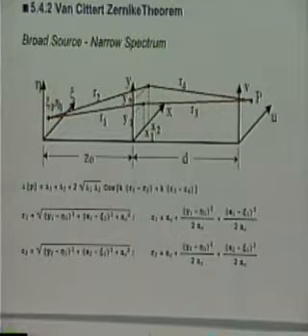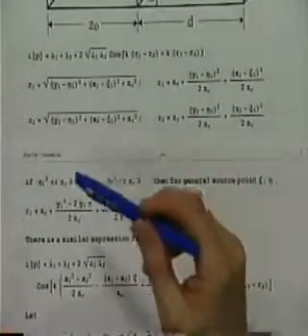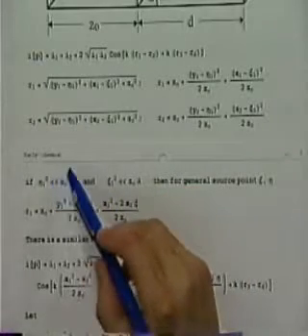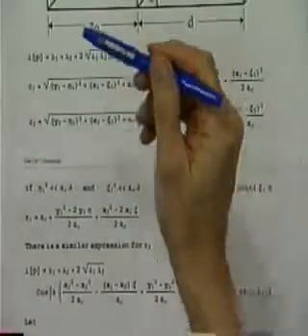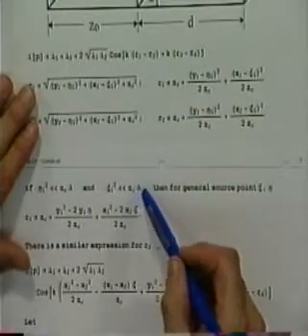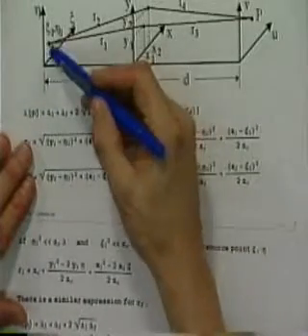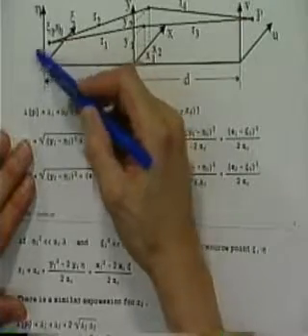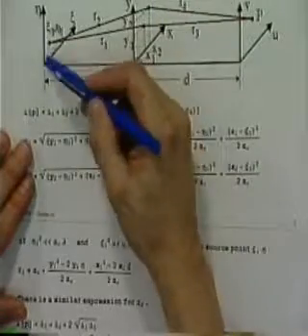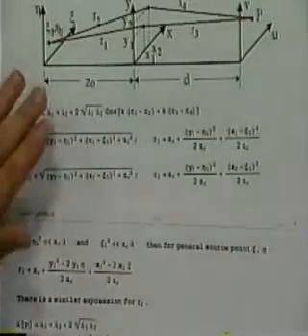Then what we're going to do is to make another approximation here. We're going to assume that eta 1 squared is much, much less than z0 lambda. In other words, squiggle 1 squared is much, much less than z0 times lambda. So we're saying that the region here is going to be a small region, because the source will be a reasonably small region, especially compared to distances and so on.